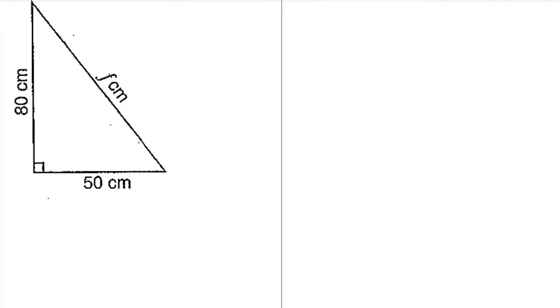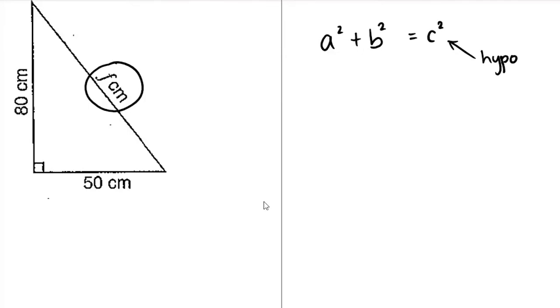For our next example, we are going to consider this problem. In this problem, we are going to find f. In order to find f, we are going to use Pythagoras' theorem, which is a squared plus b squared is equal to c squared. C squared here is the hypotenuse, or the longest side of this triangle.